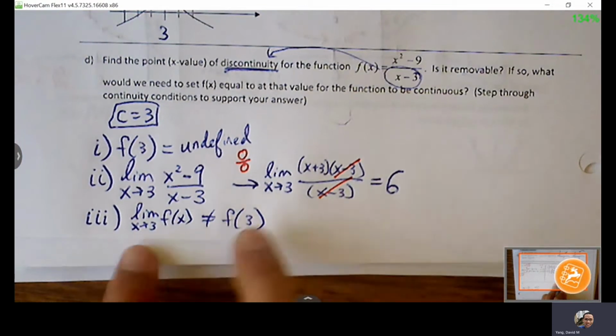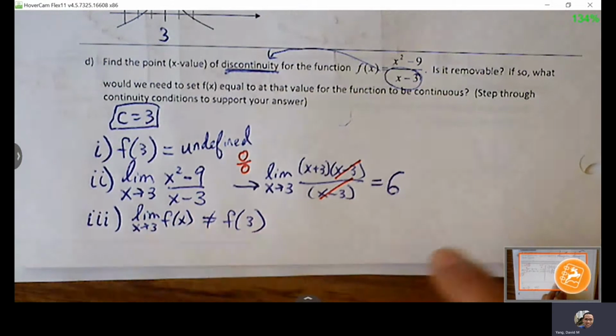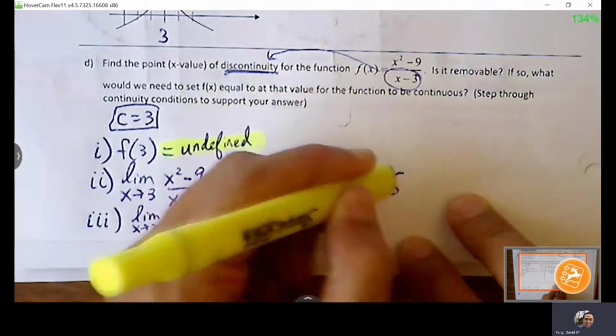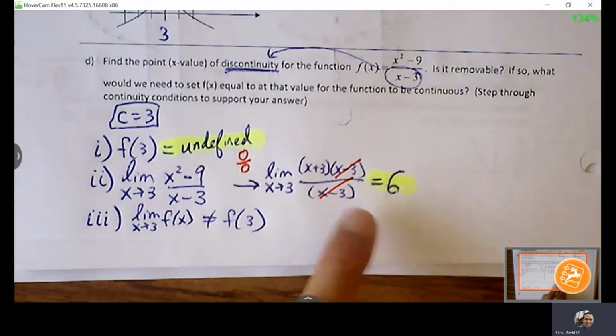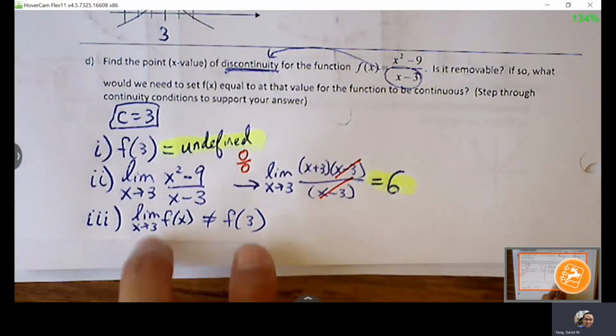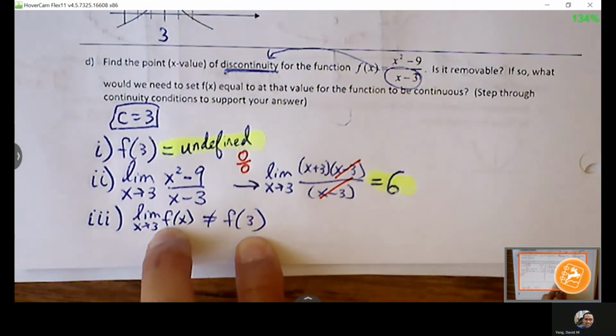The order doesn't matter. You can say limit first, but ultimately we're comparing those values. But don't say undefined doesn't equal 6. If you do, I'm still looking for this statement.